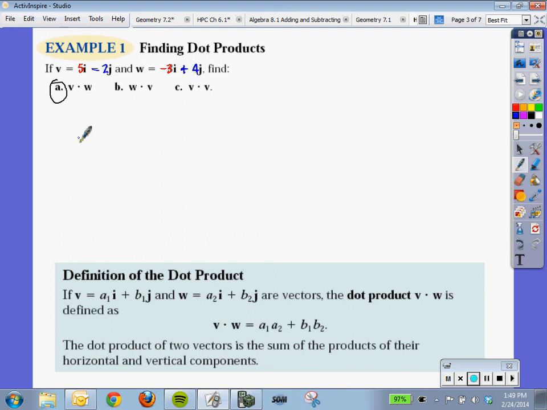So let's do that. The dot product of v and w is 5 times negative 3 plus negative 2 times 4. We got minus 15 minus 8, which gives us a minus 23.